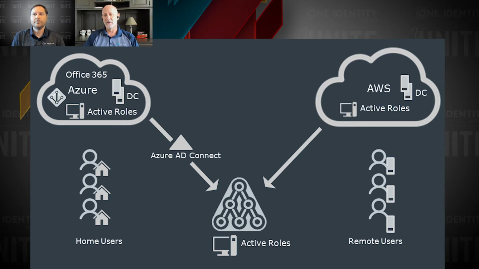Most of the time, when you start going to something like Azure or AWS, you're going to use something like Azure AD Connect. There's going to be a distinct difference between Active Roles running with Azure and Active Roles running with AWS, and we'll address that in more detail coming up. But this is a typical architecture. Many of our customers have multiple cloud platforms, and we want you to consider how Active Roles can enhance and be used in those architectures.